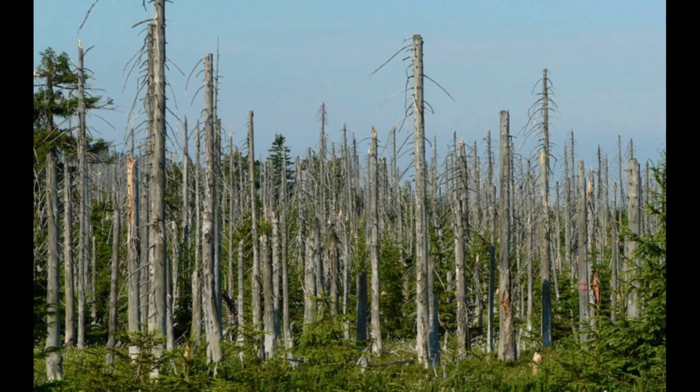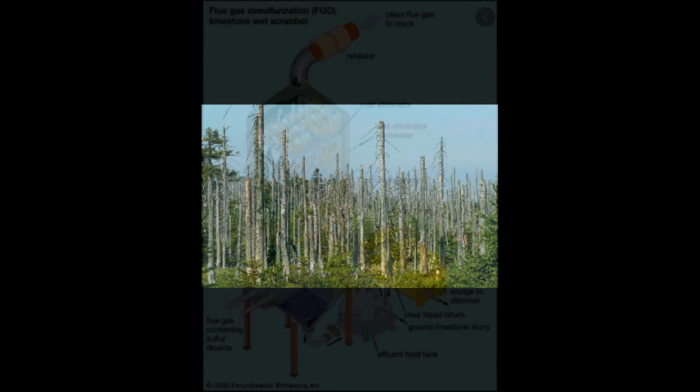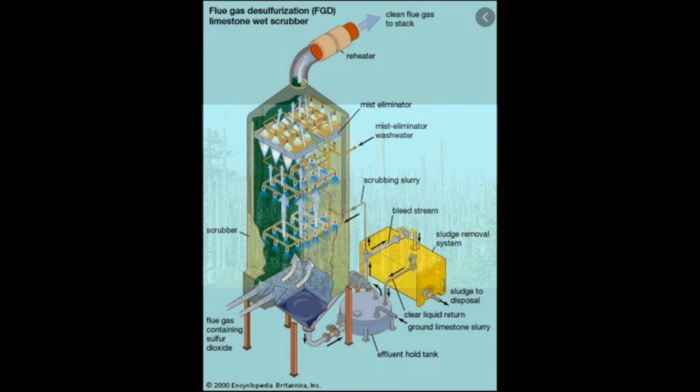So, once scientists understood the causes and consequences of acid deposition, they began to explore solutions. In the United States, legislation required the installation of smokestack scrubbers that force smokestack gases through a slurry of limestone and water, and that removes the gases. The use of those scrubbers caused a major reduction in the amount of acidic compounds going into the atmosphere. The U.S. Environmental Protection Agency, or the EPA, reports that from 1980 to 2010, emissions of sulfur dioxide declined by 79%.